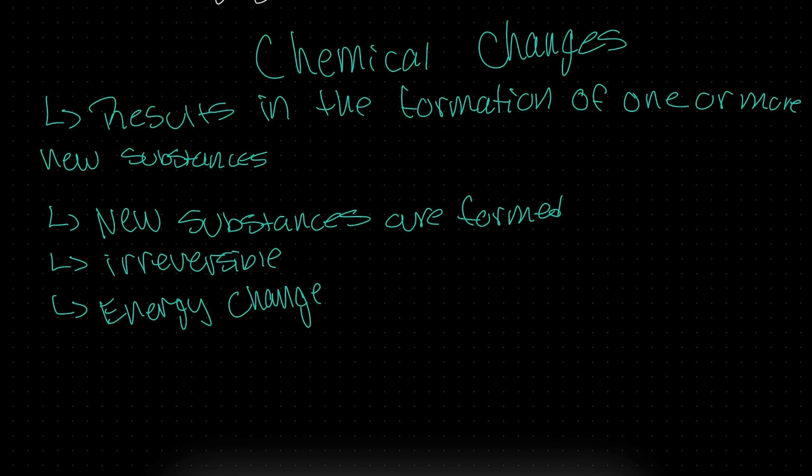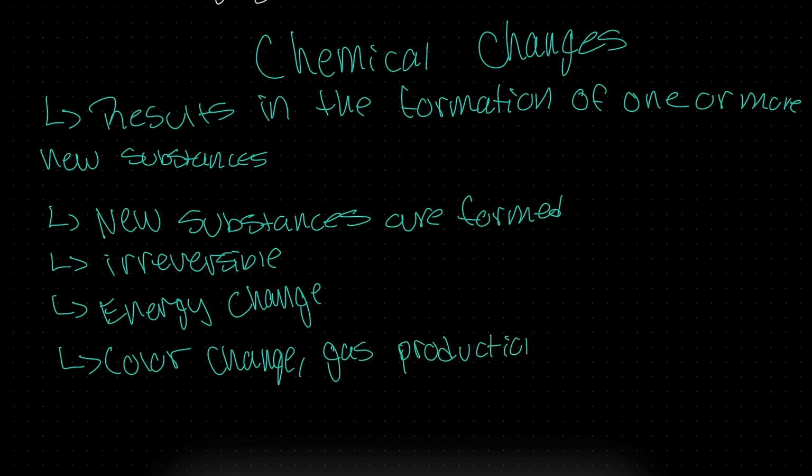And then, in my opinion, some of the most important ones are color change, gas production, and temperature change. I feel like these are key giveaways, especially color change. If you see color change or gas production, then you're definitely seeing a chemical change.